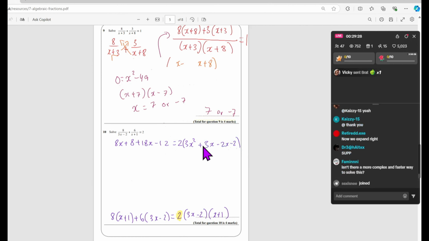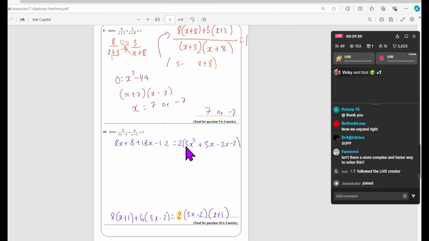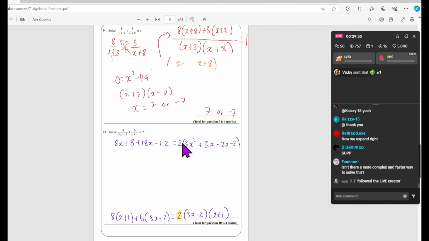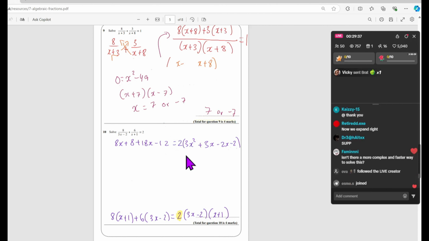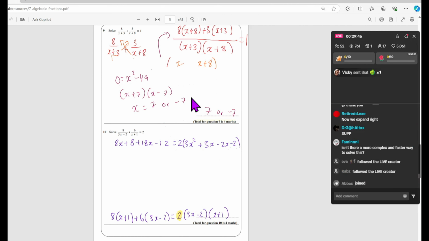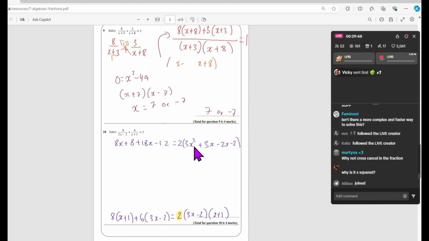Now you have noticed that you do not expand the 2 outside yet. We're going to expand it later, after we've simplified all of it, okay? So he does expand the two brackets and puts it into the brackets, okay? Don't just leave the 2 outside right now.